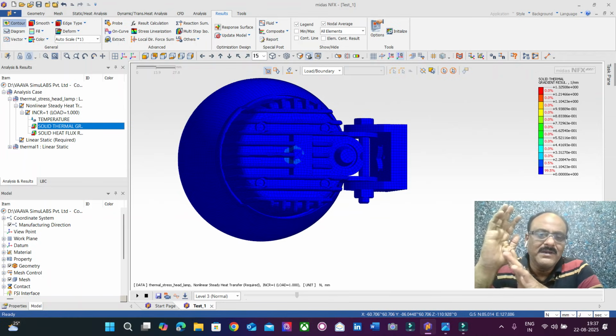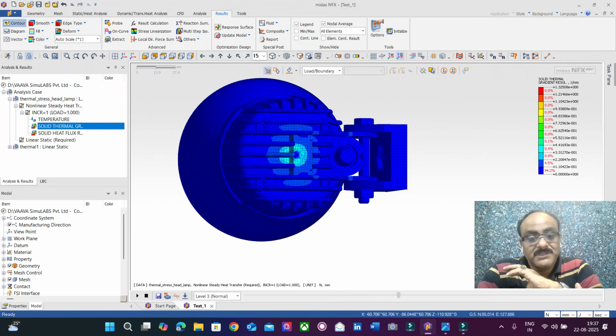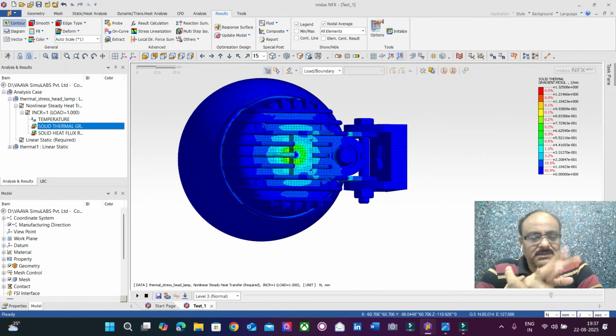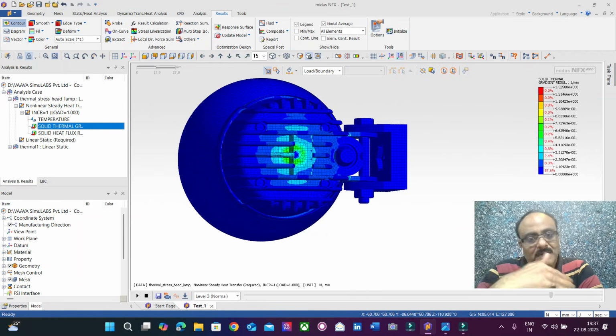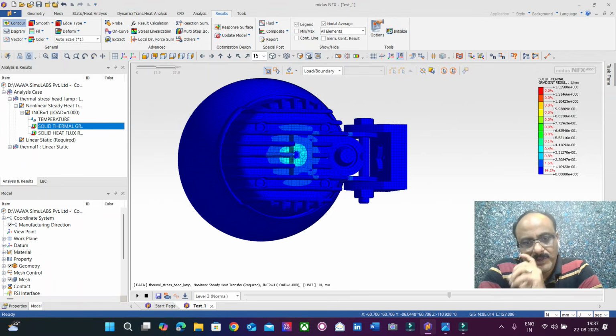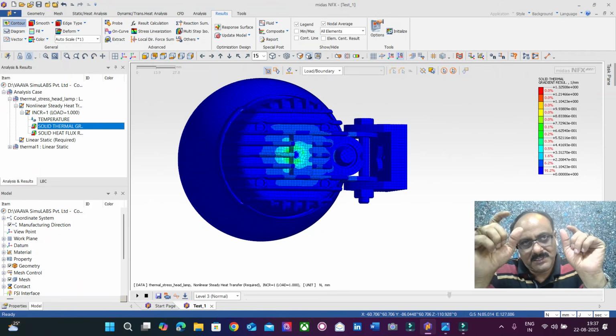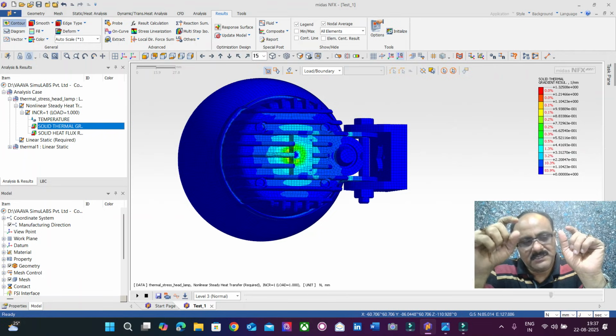Now such coffee cups or mugs can be designed through thermal simulation, steady state heat or transient thermal simulations, where it is going to be time dependent and the functions are going to be given. The first 5 minutes the temperature is going to be reduced by this much. The change in temperature delta T is going to be this much.